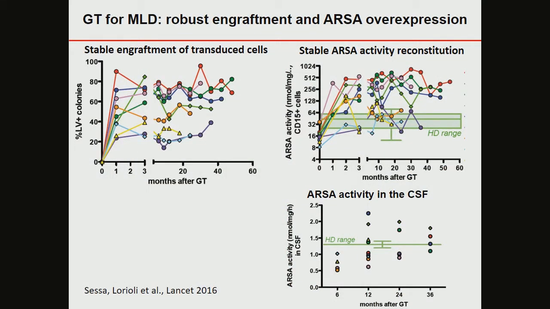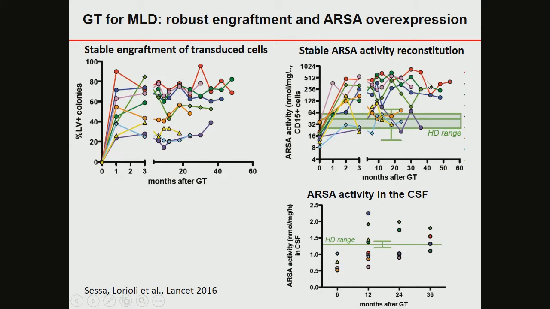correct. The hypothesis turned out to be correct because when we measure the presence of the transduced cells, and this is done by analyzing the single progenitor colonies, in this first patient we have 20 to 80% of the stem progenitor cells which are corrected.